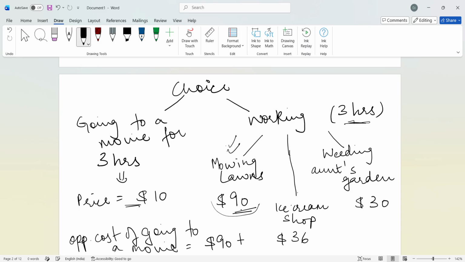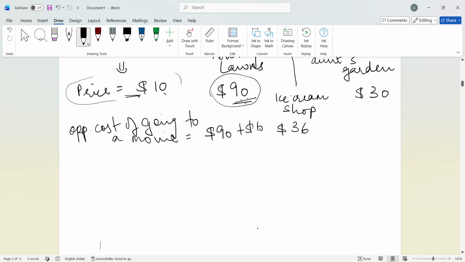This $90 becomes your implicit cost, whatever you would be earning that you are sacrificing for those 3 hours, plus the explicit cost, that is the price of the ticket. So that's your $10. So basically, the opportunity cost for going for a movie would be $100 for you.